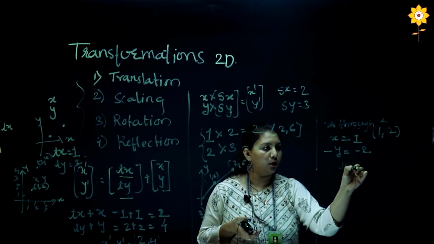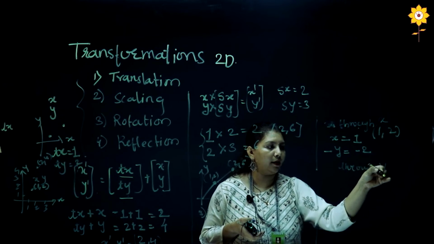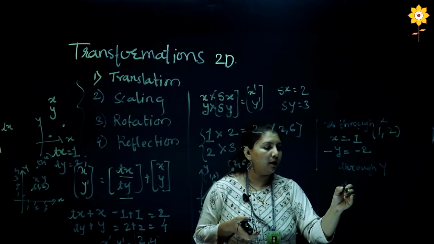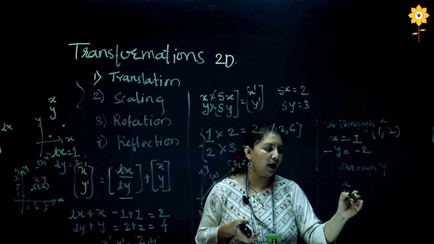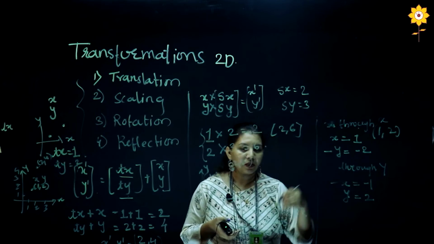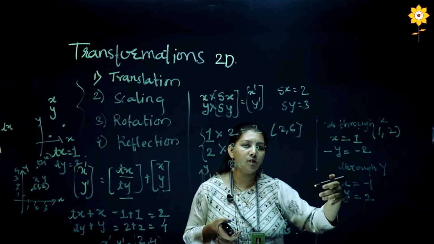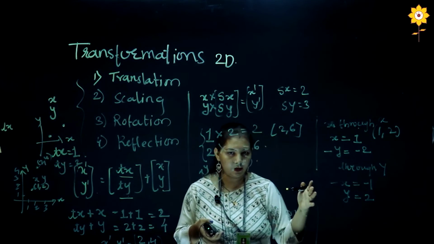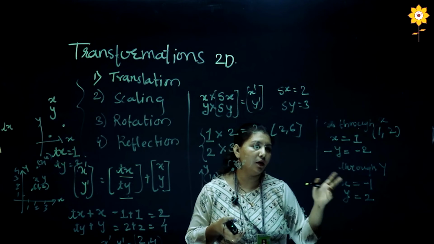Similarly, whenever I want to do the reflection through y-axis, the value of y will be as it is and the value of x will be negative. So in this way we will get the reflected image in the particular window.